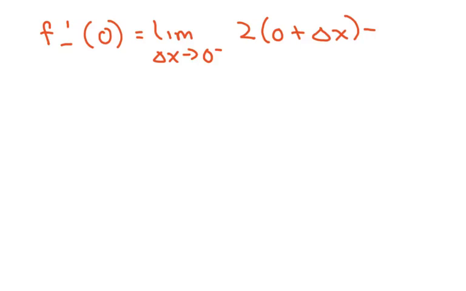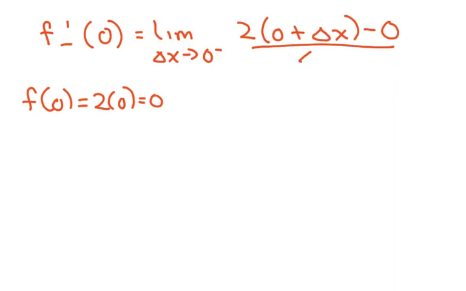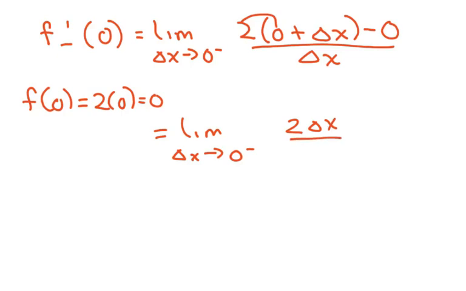So when you plug f of 0 into 2x, that equals 0. So that's going to be minus 0 over delta x. So you're just going to get 2 delta x over delta x, which equals 2.